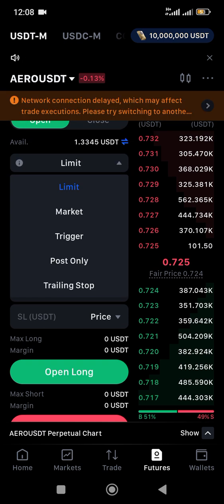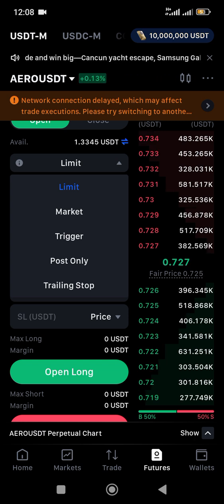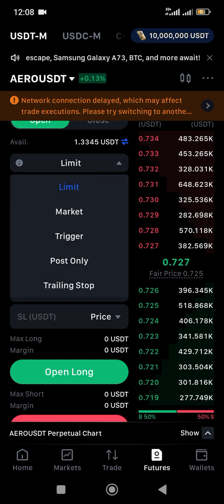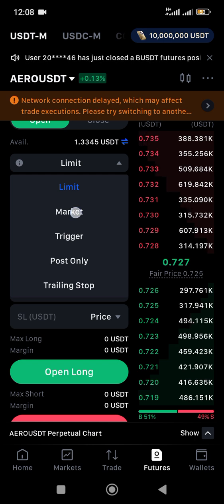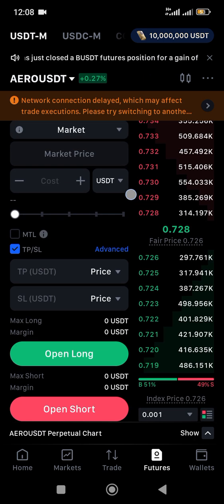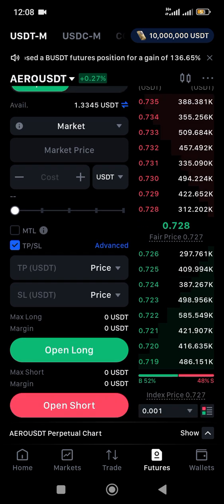Maybe if they gave you a signal that has a limit order, you just come and select limit. If the signal you got has a market order, you just come and select the market order. Alright, so that is it.